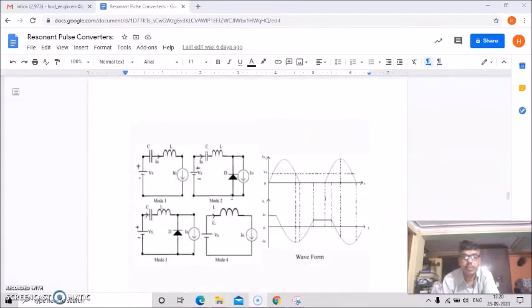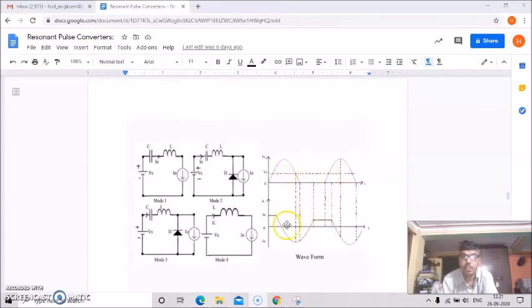This shows the different modes of operation, and at different modes of operation, how the circuit functions. That is given in different circuits. This is for mode 1 operation, this is for mode 2, this is for mode 3, this is for mode 4, and the corresponding waveforms are shown here.